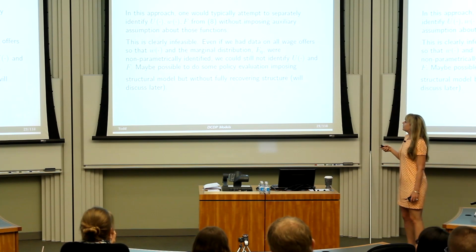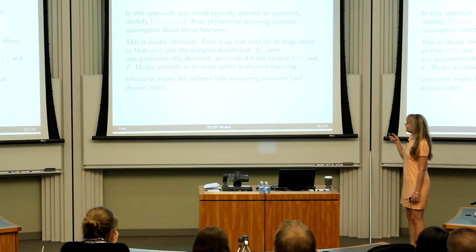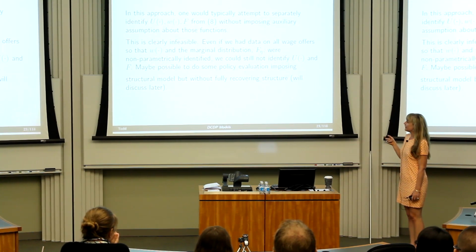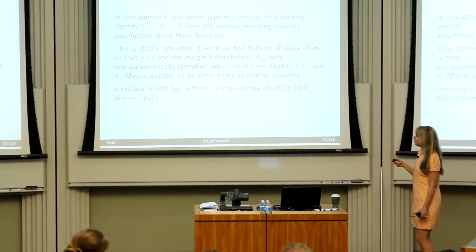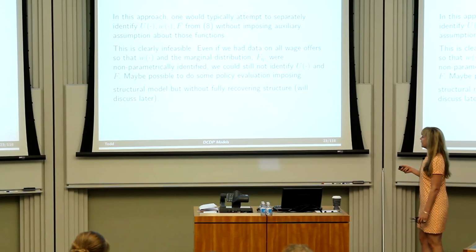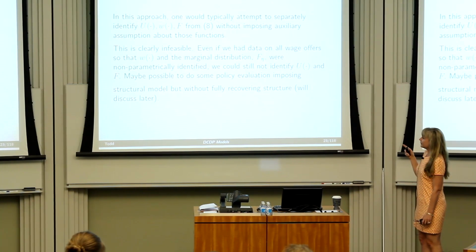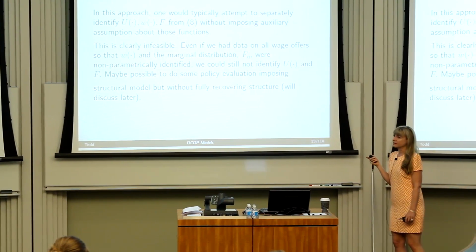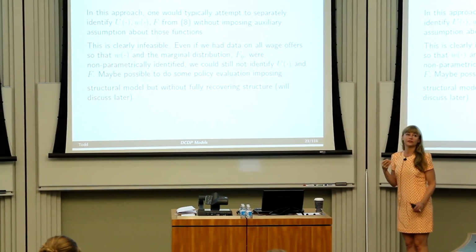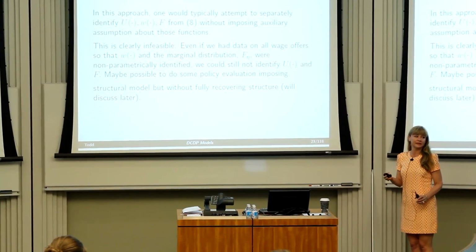Okay, non-parametric structural. So usually, you can't recover the utility function, the wage equation, the joint distribution of the errors non-parametrically. It's usually not feasible to try to recover all those things. Hopefully, we'll have a little bit of time that I could show you some of the results on what we've been working on, trying to do some things non-parametrically and structurally.